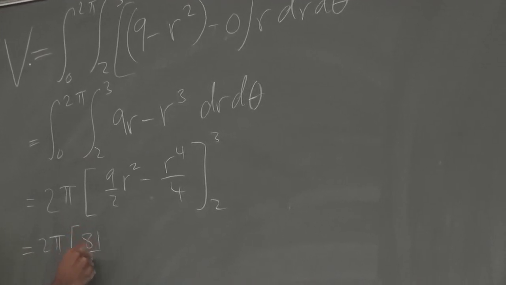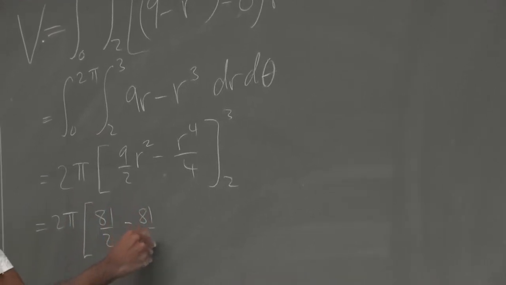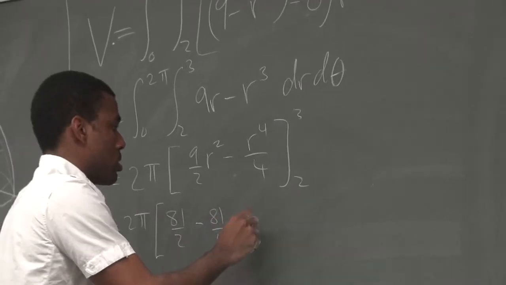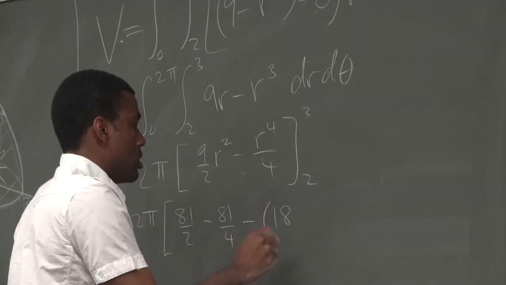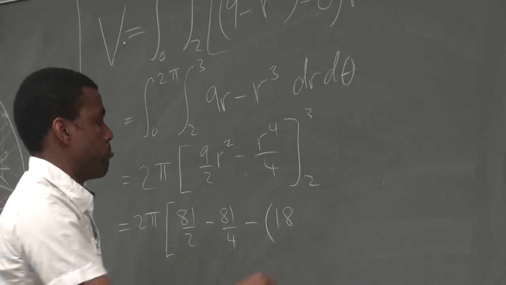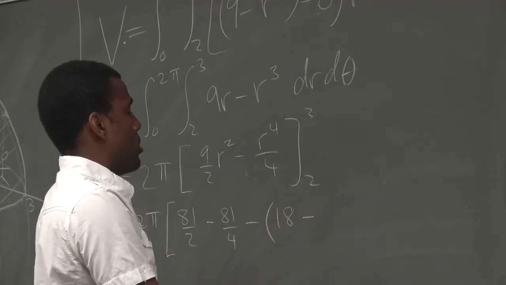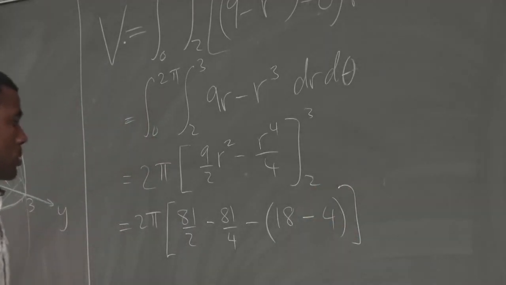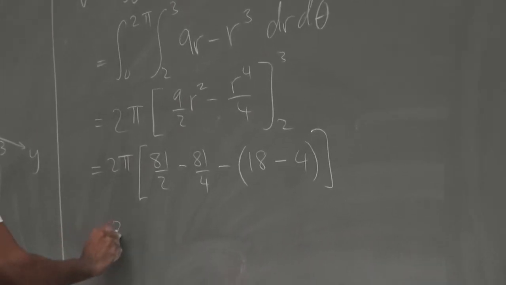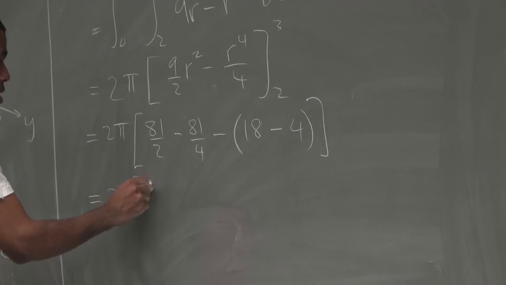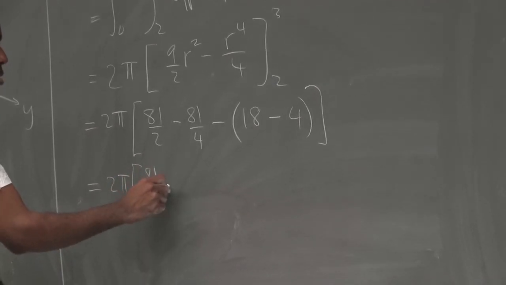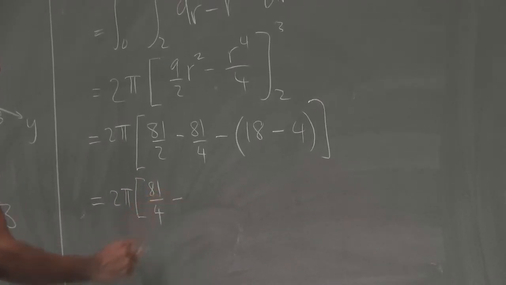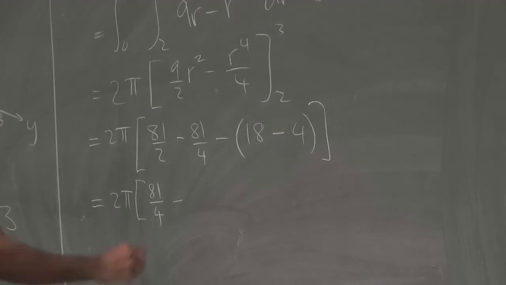This is 81 over 2 minus 81 over 4 minus 18 minus 42 here. So this is 2 pi times 81 over 4 minus 14.